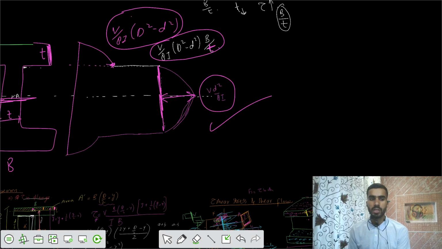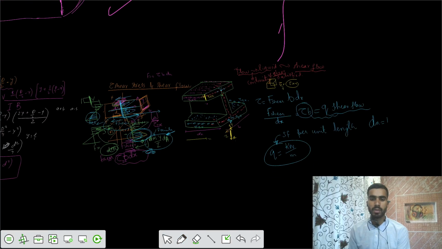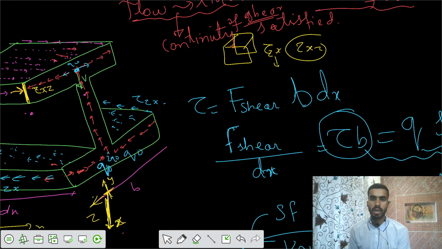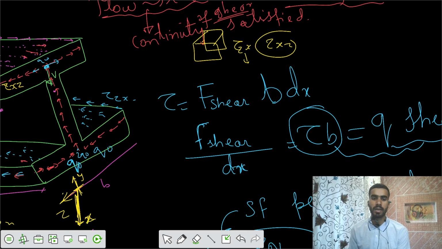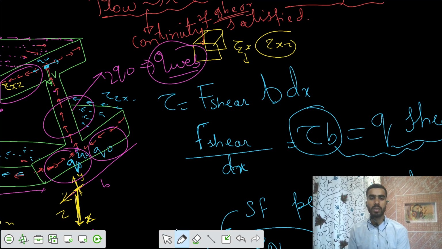Now, from the shear stress variation, we had said in the initial topic that the continuity of the shear flow should be satisfied. If there was some shear force Q0 entering the junction from both sides, that's 2Q0, we want to check whether that 2Q0 is equal to the shear flow in the web also.